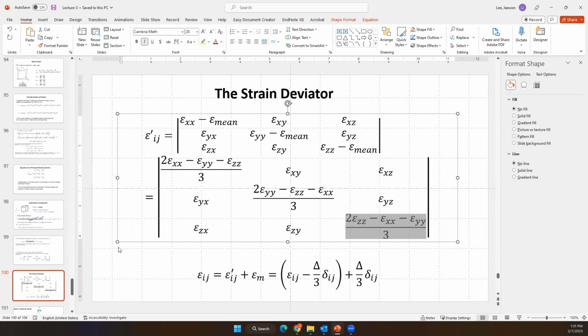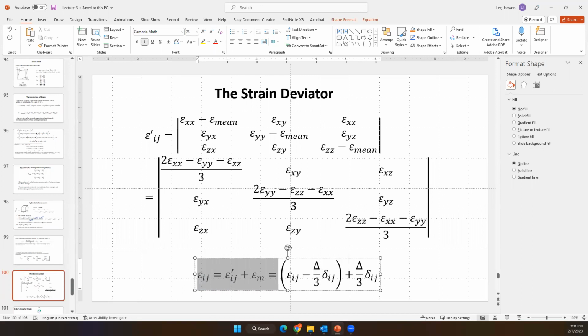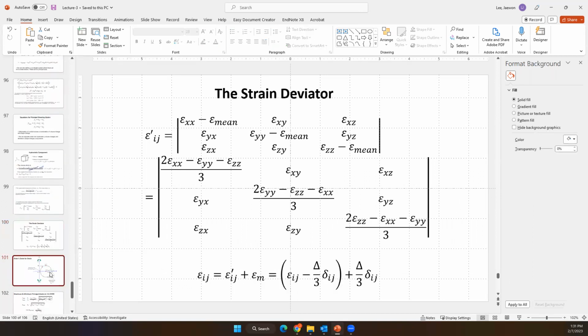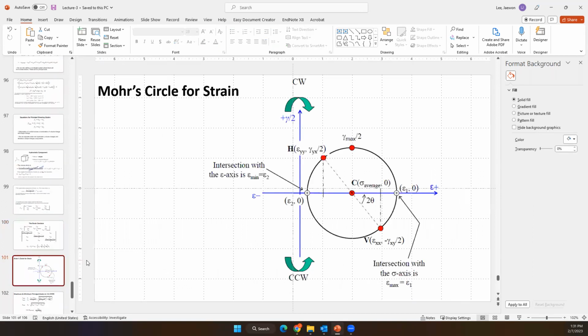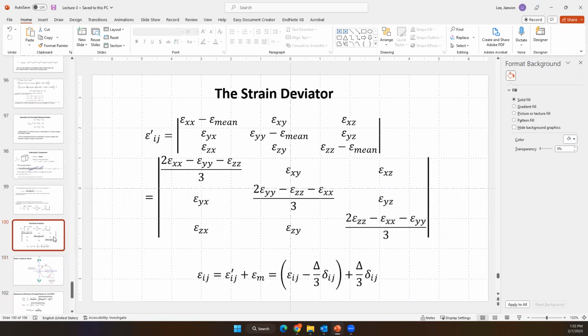Do you understand? Okay. And then finally we got the distributions based on this matrix.